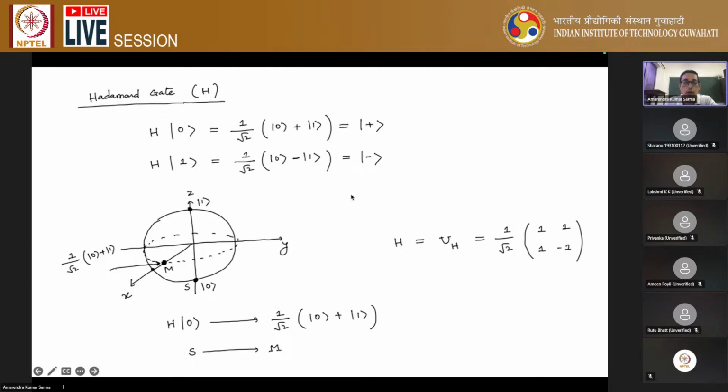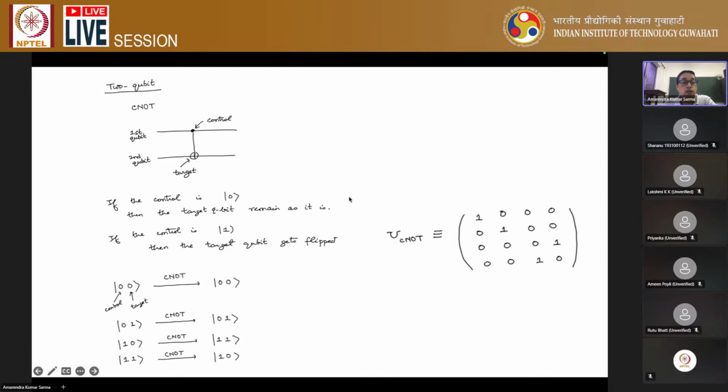Then we went on to discuss the CNOT gate, which is of extreme importance. The principle is this: you have two lines, where the first line refers to the first qubit and the second one refers to the second qubit. The first qubit is the control and the second qubit is the target. When the control is 0, you do nothing, and the target remains as it is.